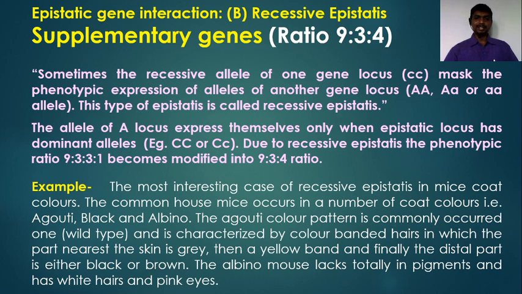Agouti color is characterized by color banded hairs. The part of the hair nearest to the skin is grey, then a yellow band, and finally the distal part of the hair is either black or brown. The albino mouse totally lacks pigment, so it is white in color, having white hairs and pink eyes.